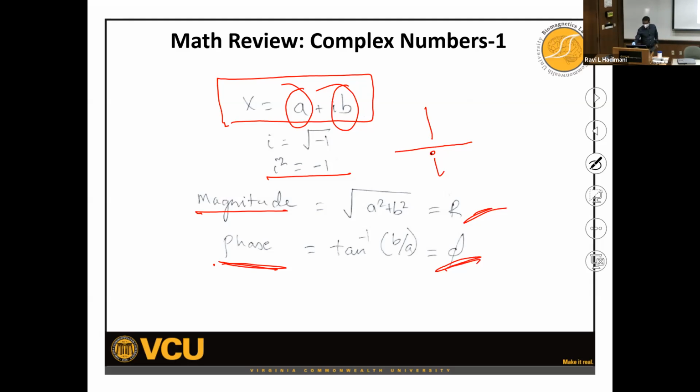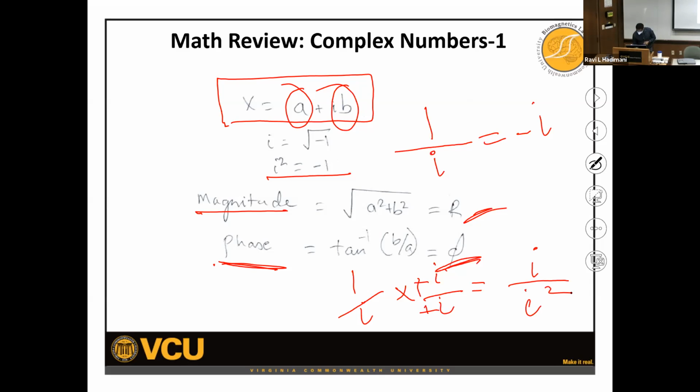1 over i? Negative i? Say that again. Is it negative i? Yes, that is negative i. How did you do it? That was a guess. Actually, it's right. So if you multiply 1 over i by i over i, that becomes i by i square, right?